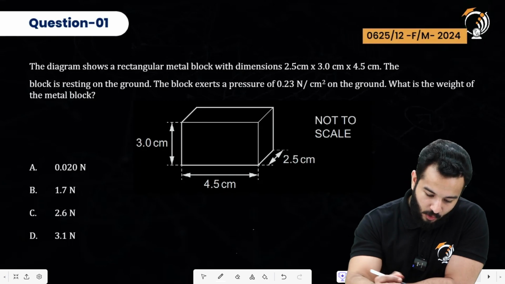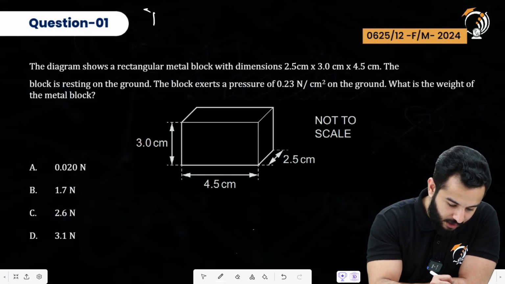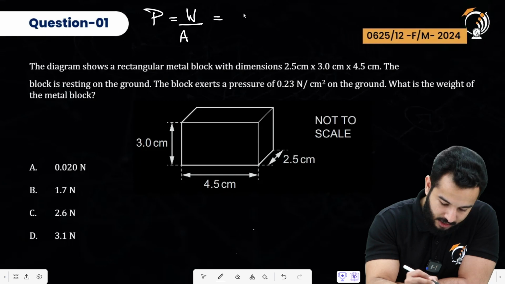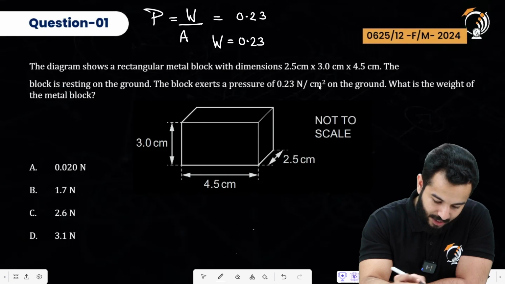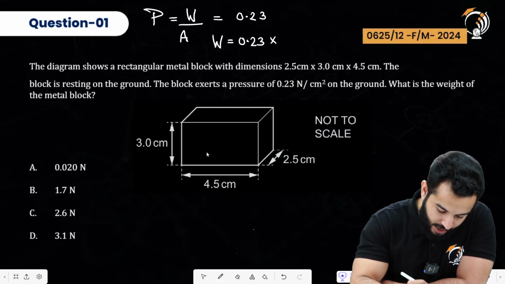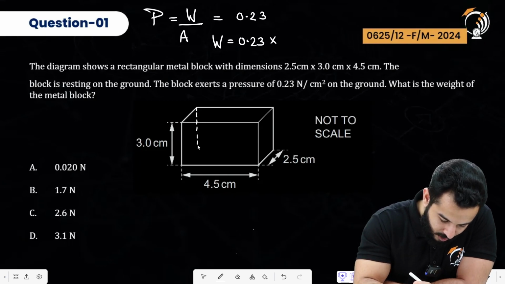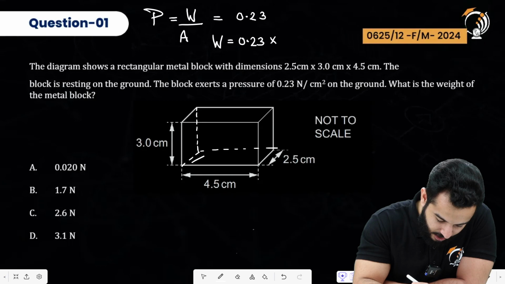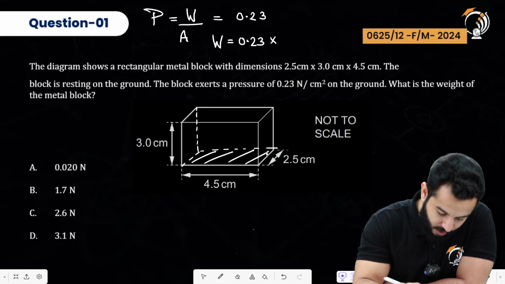What is the weight? We know that pressure is weight divided by area, and this is 0.23. So weight is going to be 0.23, in SI unit, times the area. Now that's what we need to find out. This is the area in contact with the surface.